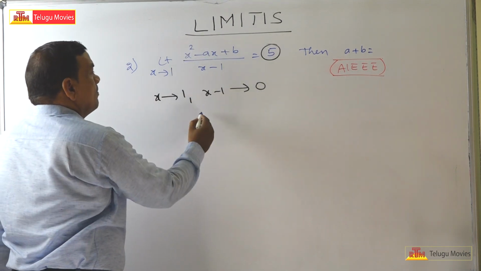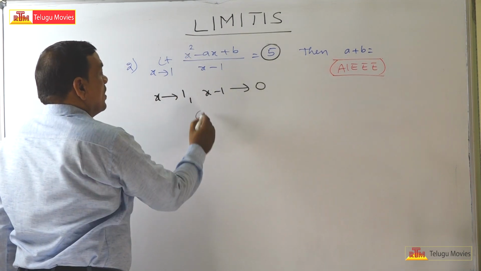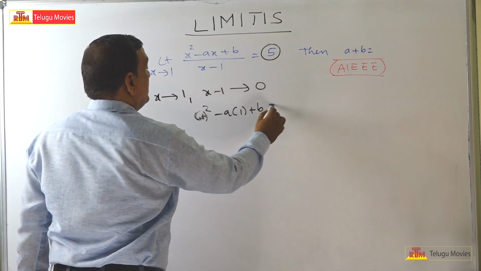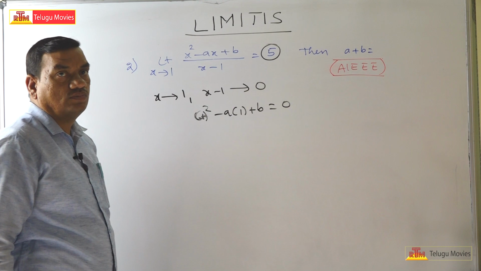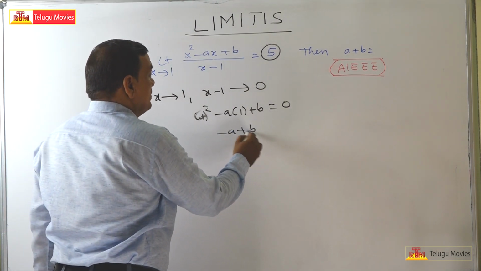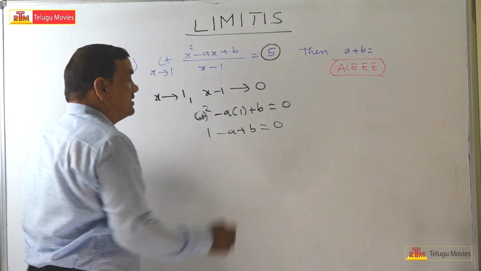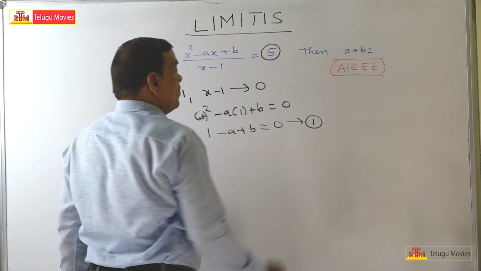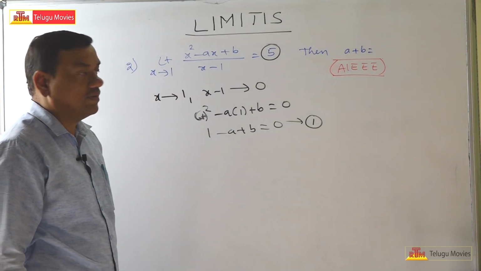That means 1 square minus a into 1 plus b is equal to 0, so 1 minus a plus b is equal to 0. This is equation number 1.